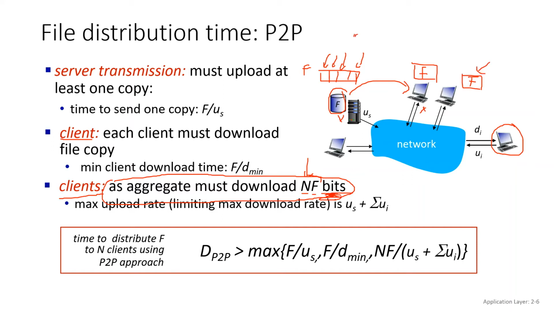Let's say this file has 5 bits, and we have 5 bits here, and 5 bits here. Or let's say we have 3 bits, and here we have 4. It means that this guy will just take 1 bit from this computer, and this guy will take 1 bit here because it misses 1, and it will also take another bit here or there.